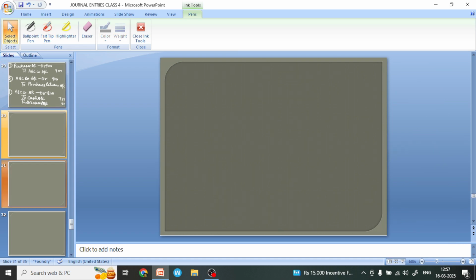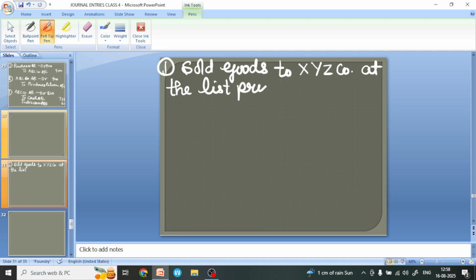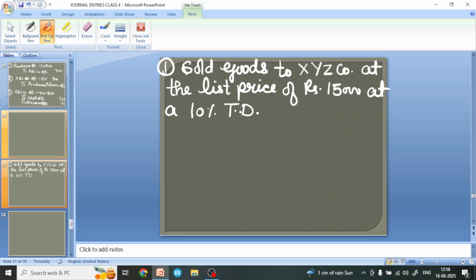Now related to sale of goods, first entry, sold goods to XYZ company at the list price of rupees 15,000 at a 10% trade discount.